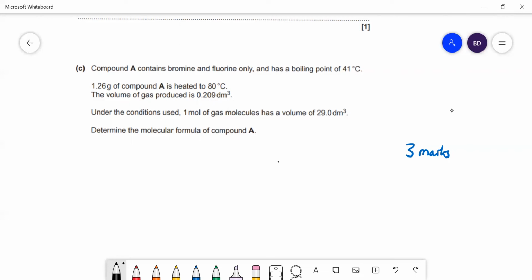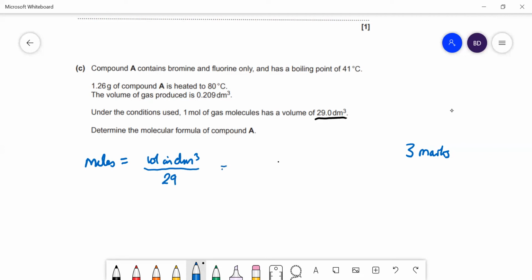Now they tell us 1 mole of gas occupies 29 dm cubed under these conditions, so we're going to write down moles is equal to the volume in dm cubed divided by 29.